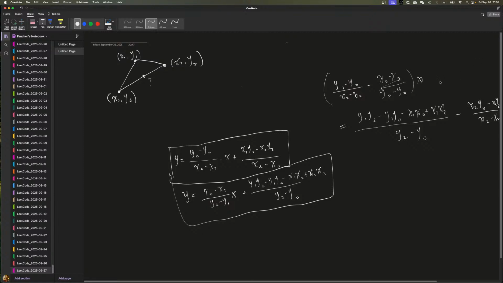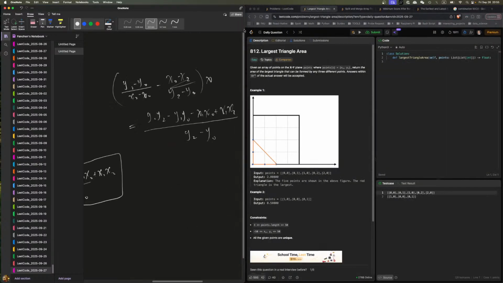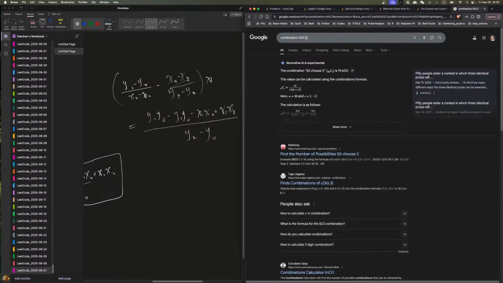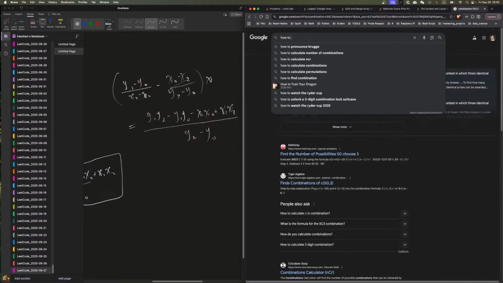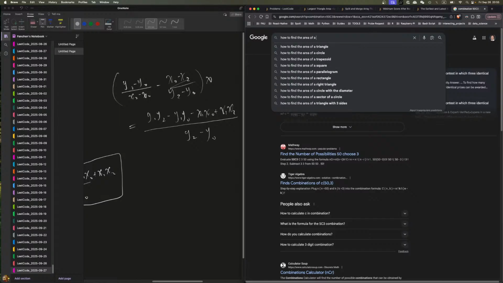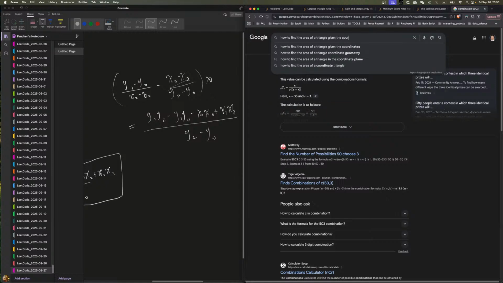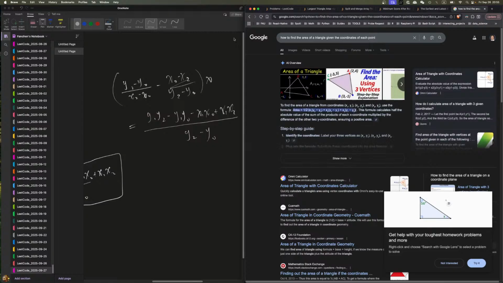Yeah, you can compute the x, you can compute the y, then you can compute this, and you compute this. Yeah, maybe it's not that bad, but no. Let me search online. Maybe there is. So, how to find the area of a triangle given the coordinates of each point. I forgot.